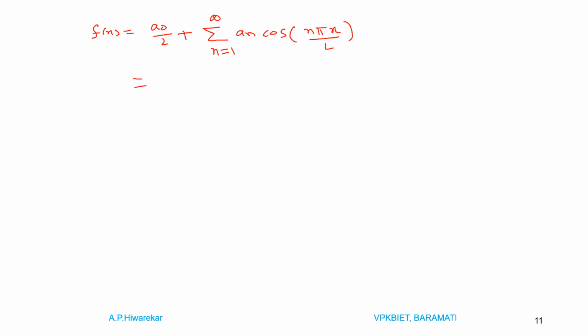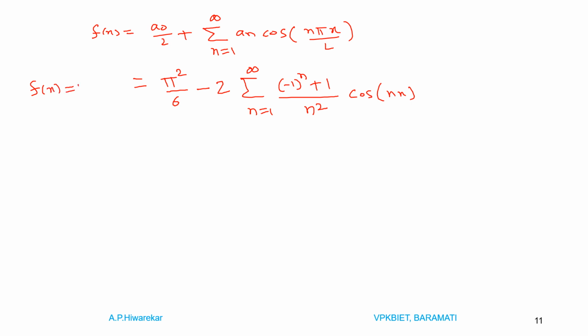The a0 value is pi square by 3, so a0 by 2 will be pi square divided by 6, minus 2 is common, then sigma minus 1 power n plus 1 divided by n square into cos of nx, where n is from 1 to infinity. So this is the value of f(x), which is given by pi x minus x square, and that will be our final answer.